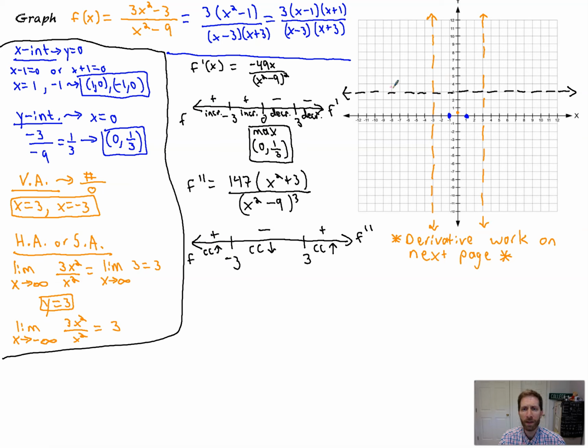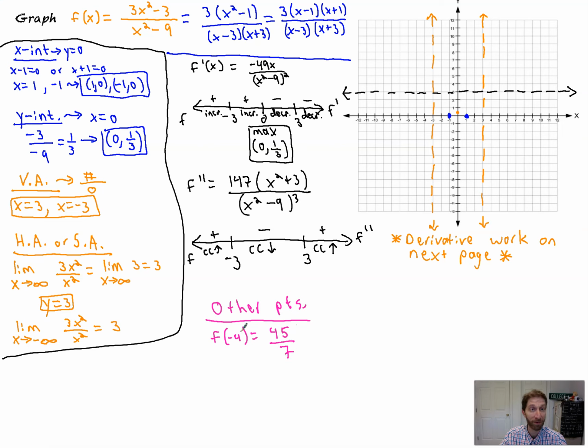Okay, so how would that look? Well, let's pick a point to the left here just to know what side of the horizontal asymptote we're on. So other points, and I'll plug in like x equals -4. So I'll do f of -4, and that's going to be equal to 16 times 3 is 48, minus 3 is 45, and then 16 minus 9 is 7.